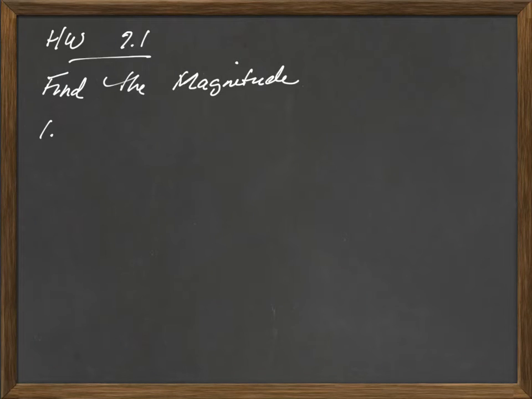Homework 7-1. Number 1, find the magnitude. So we have a vector VW with V equal to (3, -2) and W (5, 2). And what's the magnitude?